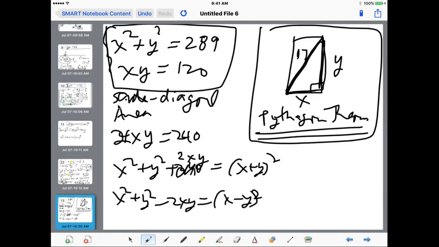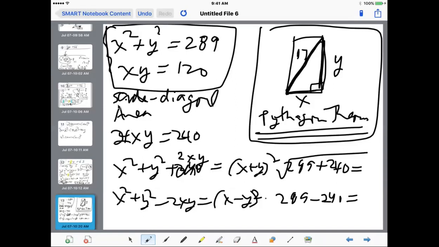So what you do is you do 289 plus 240 and 289 minus 240. And you take the square root of those. So 289 minus 240 is 49, the square root of that is 7.